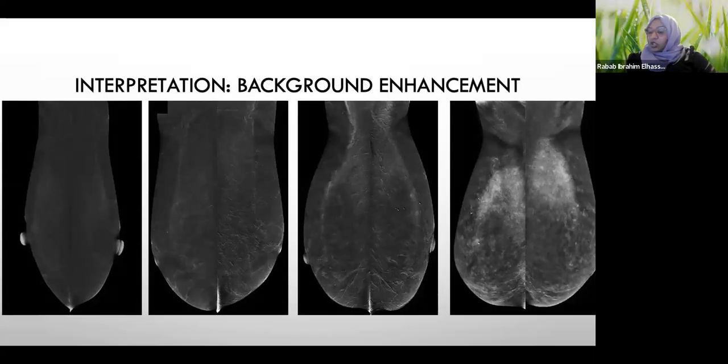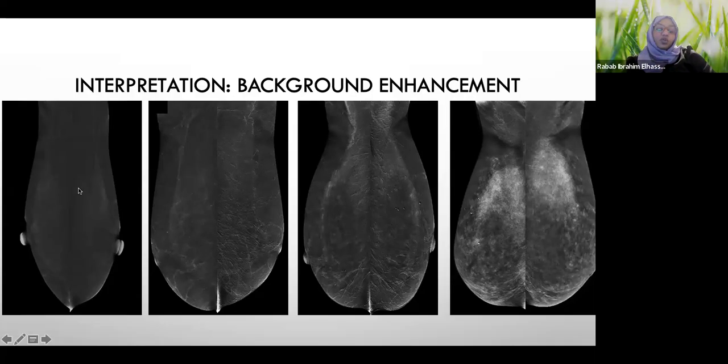So our report should always start with the background enhancement. This is where I'm talking now about recombined images.